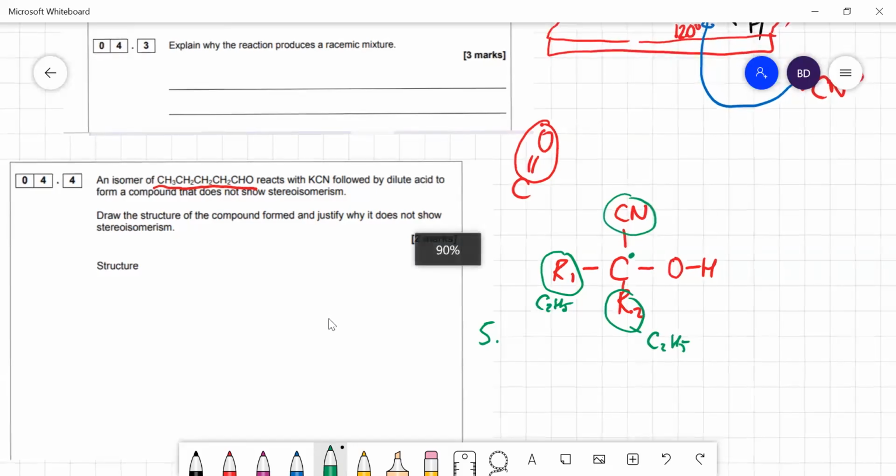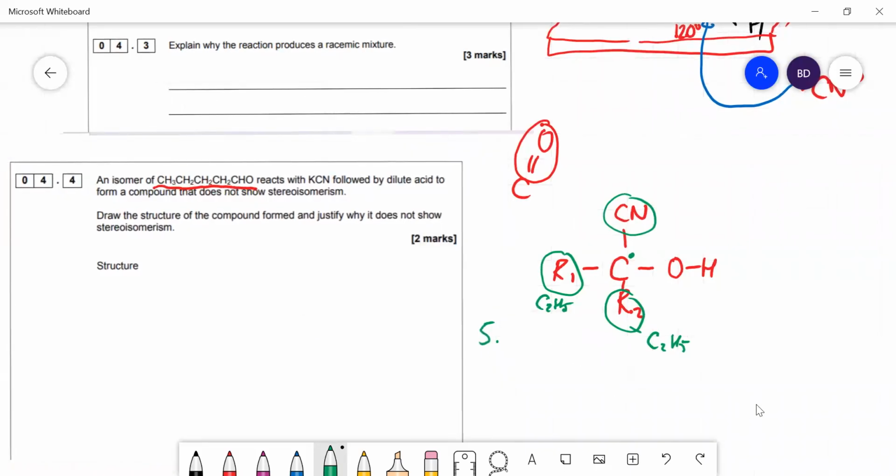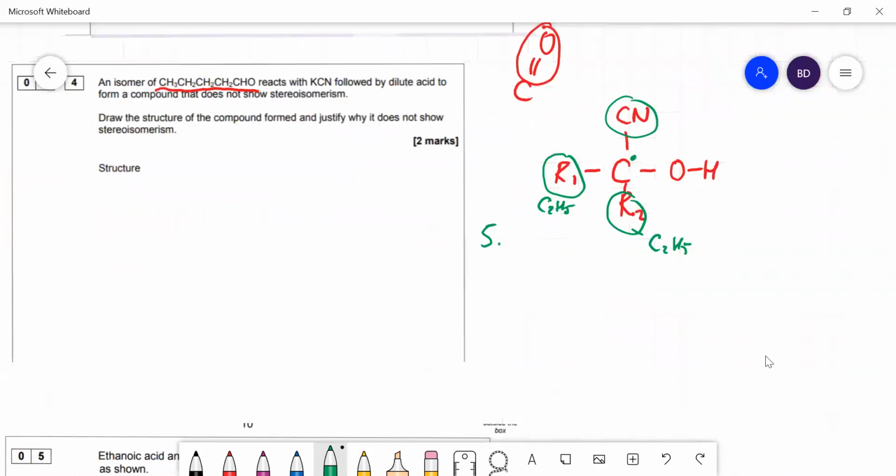So the compound formed will be, right, we've got the cyanide, the nitrile, the OH group there, and then we want CH2, CH3, and CH2, CH3.